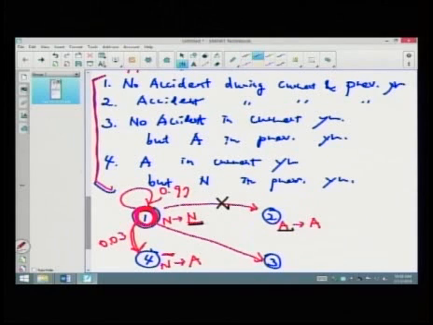What is this? 3 means there is an accident in the previous year, right? But no accident in the current year. Again, this doesn't match, right? So this transition never occurs. Does that make sense? Right?